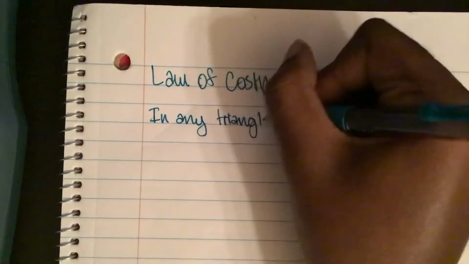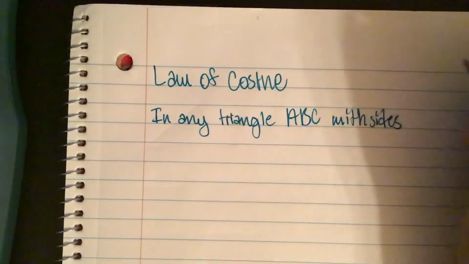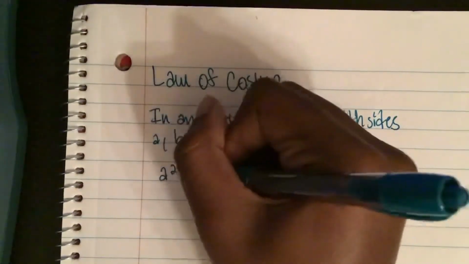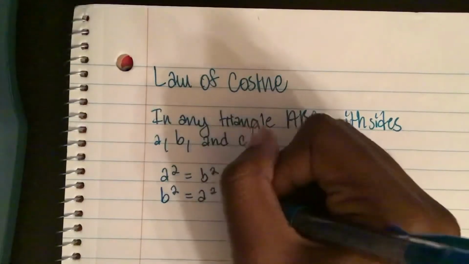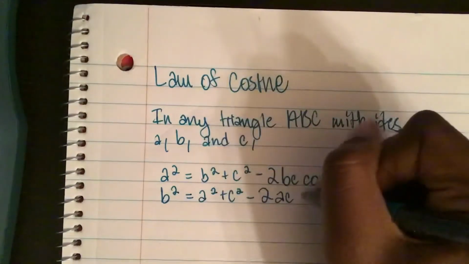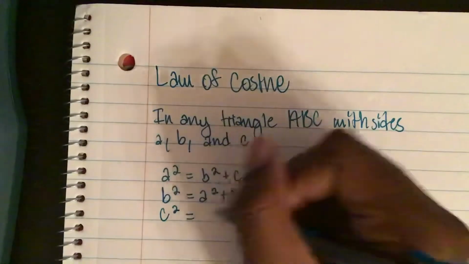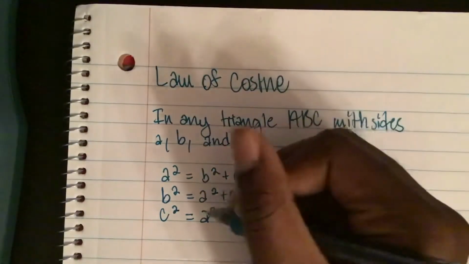So like I said earlier, the law of cosines states that in any triangle ABC with sides A, B, and C, A squared equals B squared plus C squared minus 2BC cosine of angle A. B squared equals A squared plus C squared minus 2AC cosine of B. Now, you will need to memorize these equations for the law of sines and the law of cosines, but honestly I think these have been the easiest to memorize out of all the trig equations we've had to learn, including the unit circle, which took me a long time to memorize.